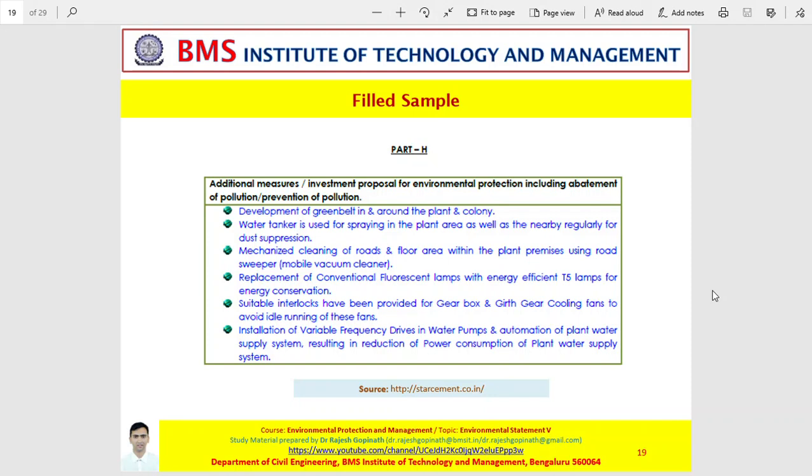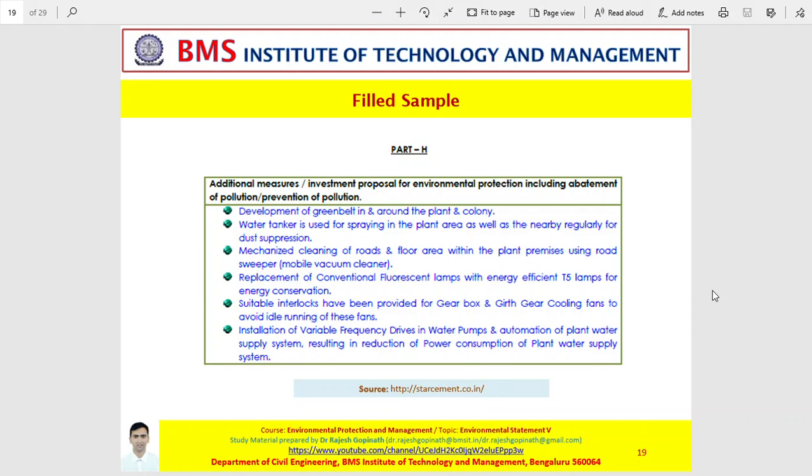It has spoken about spraying water. So again, this information will vary from industry to industry, from practice to practice. But this clause in the statement, that is your form 5, is to motivate the industries to go beyond their actual expectations.